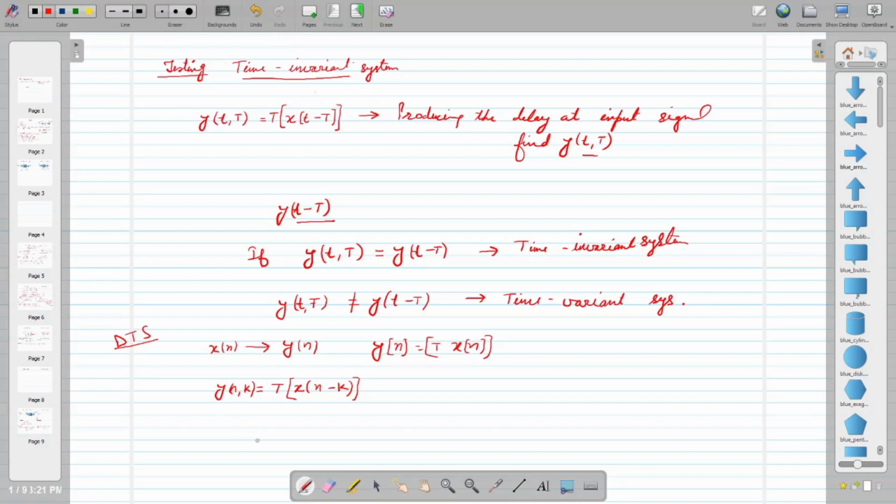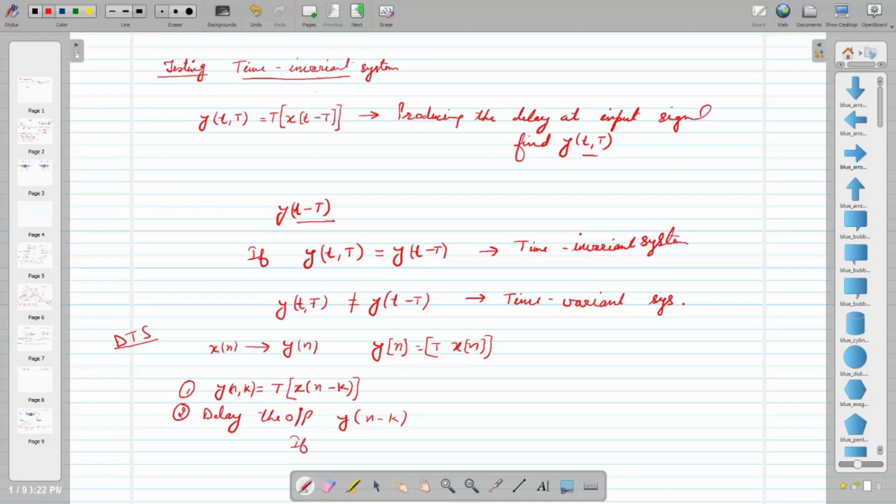This is the first step. The second step is delaying the output. We delay the output and check the system, represented by y[n - k].